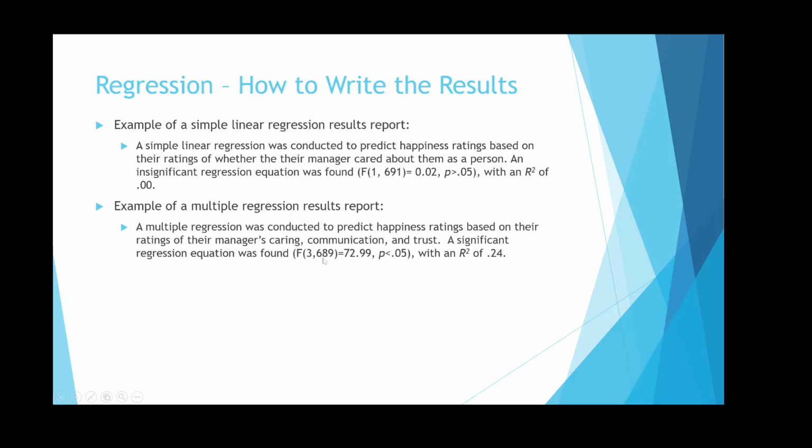F, in parentheses, you're putting the 2 degrees of freedom, equals, this is your F test statistic, 72.99. And in this case, the p-value was less than 0.05. And our r squared was 0.24. So you want to follow this as closely as possible. Keep the formatting the same. You're kind of just updating your variable names and your numbers, but you can pretty much use this as a template.